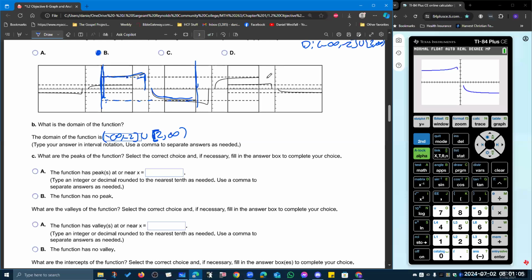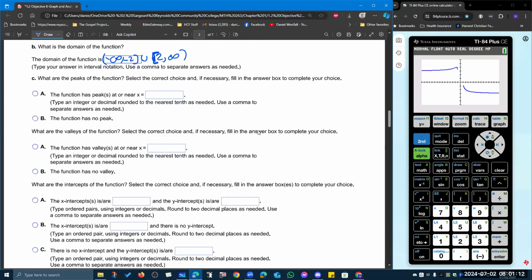So we know that, let's answer the x-intercepts question because we've already answered that. There's not going to be a y-intercept, but there are going to be x-intercepts.